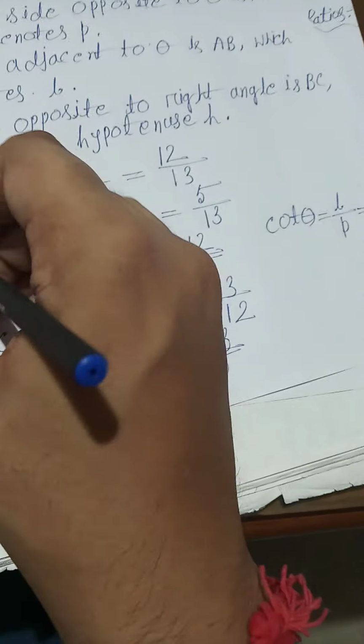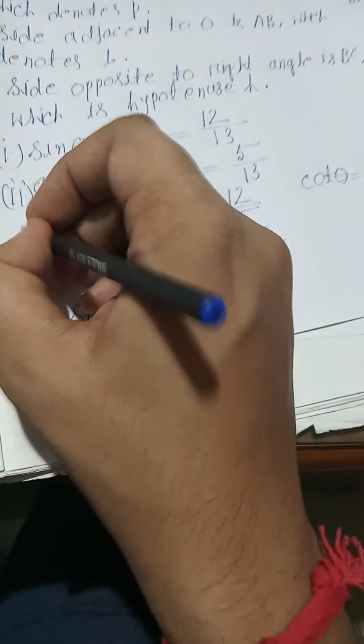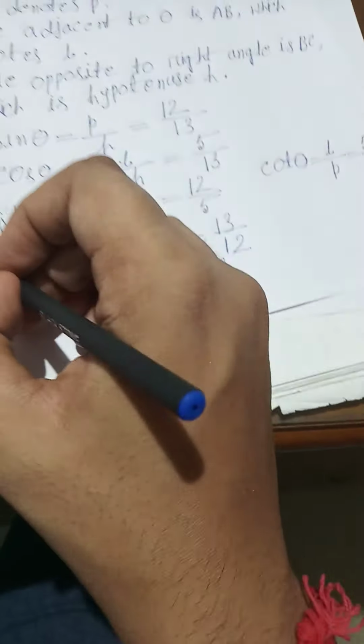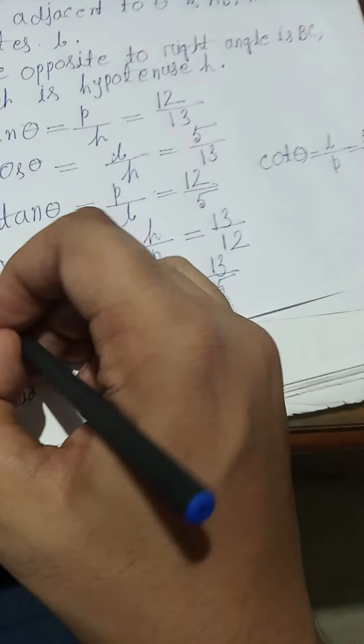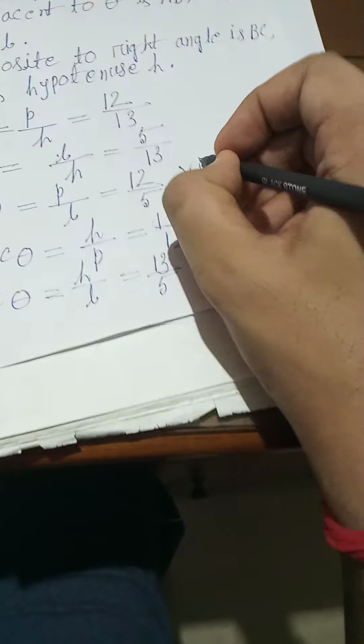That is the 6 ratios we can find from this triangle. This is the basic part of trigonometry.